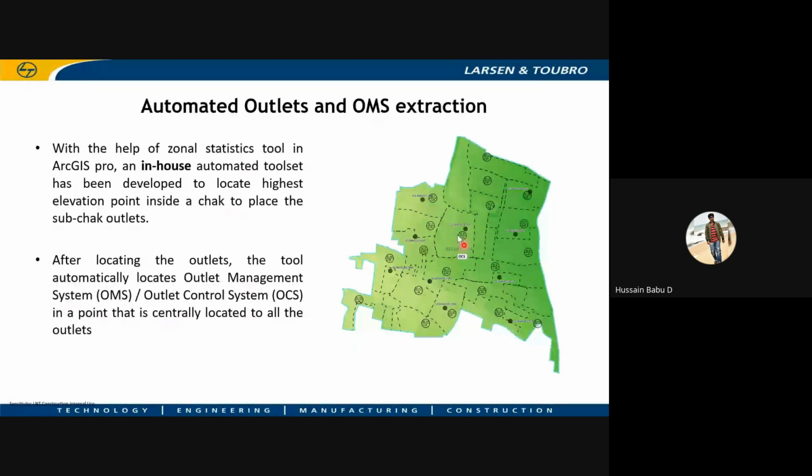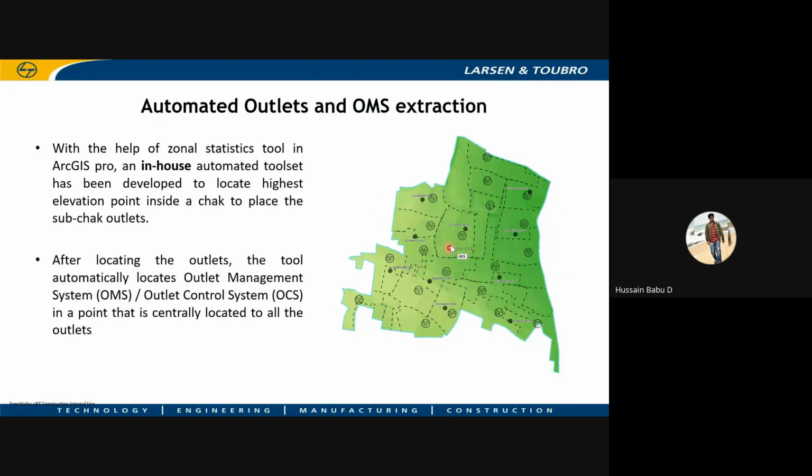That is the main idea. That's why we place it at the highest elevation point of each check. As water flows from higher elevation to lower elevations, we will have outlets at a higher position, and our outlet control system centrally placed for this outlet, so that it won't affect the pressure of the water flow.